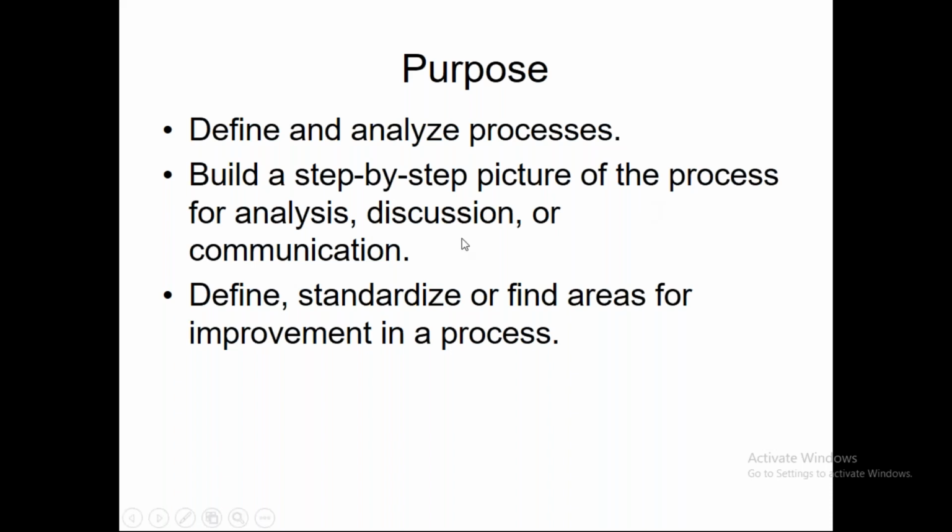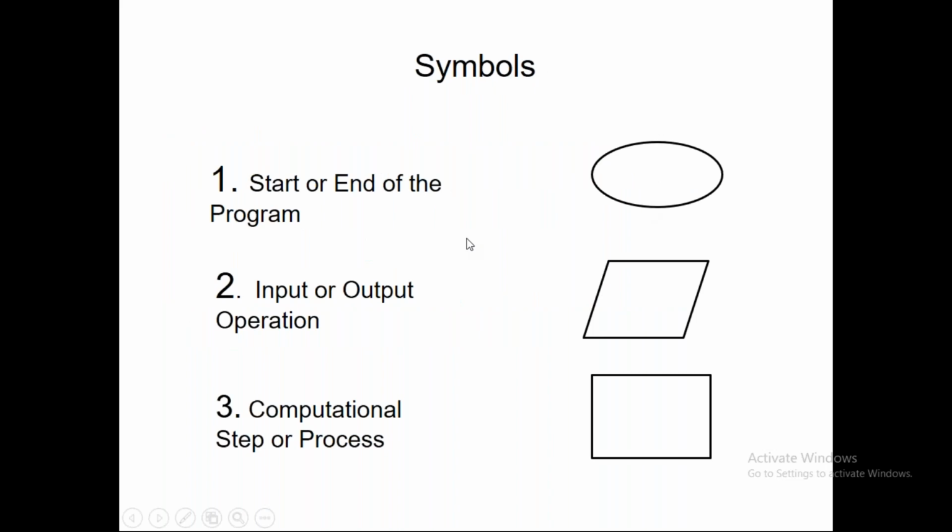If you look at the symbols, what are the symbols that we generally use? There are many symbols, but this is not about expertise in creating the flowchart. It's about how we should be able to make sense of the flowchart for the respective team members. The major symbols are listed here.